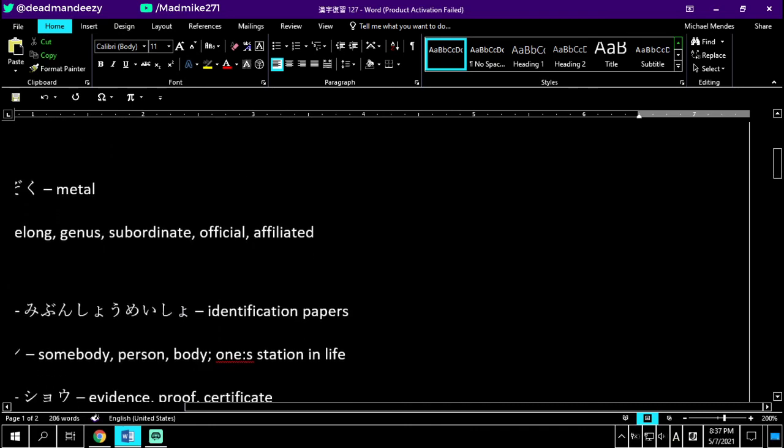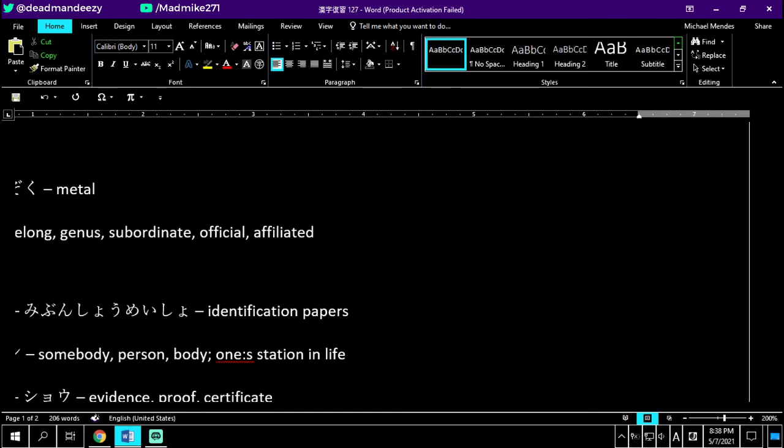Next is 身分証明書. 身分証明書 is identification. Mi, somebody's. 分, part. 証, identification papers. Right way of speaking.